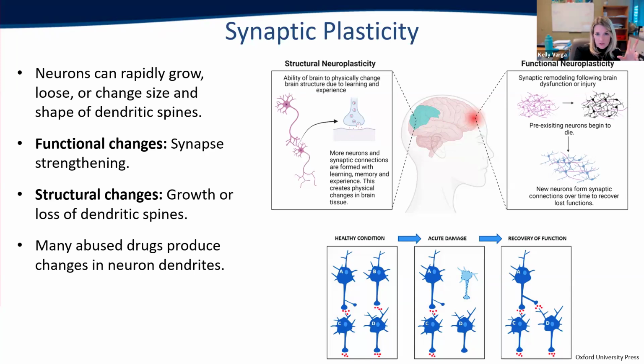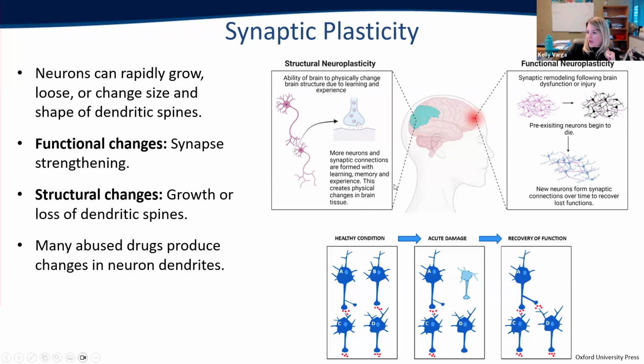I'm growing, I'm feeding, I'm modifying, I'm doing the physical change, versus the functional, where I'm remodeling how my system is integrated based upon, maybe, an injury or exposure to drugs.